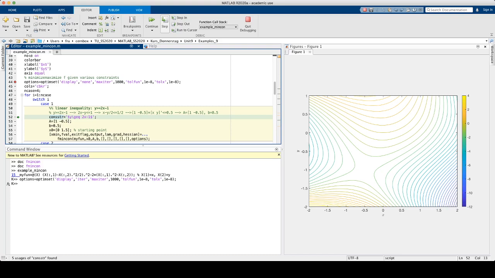minimum of the function is confined to a half plane defined by a line with the equation y equals 2x minus 1.